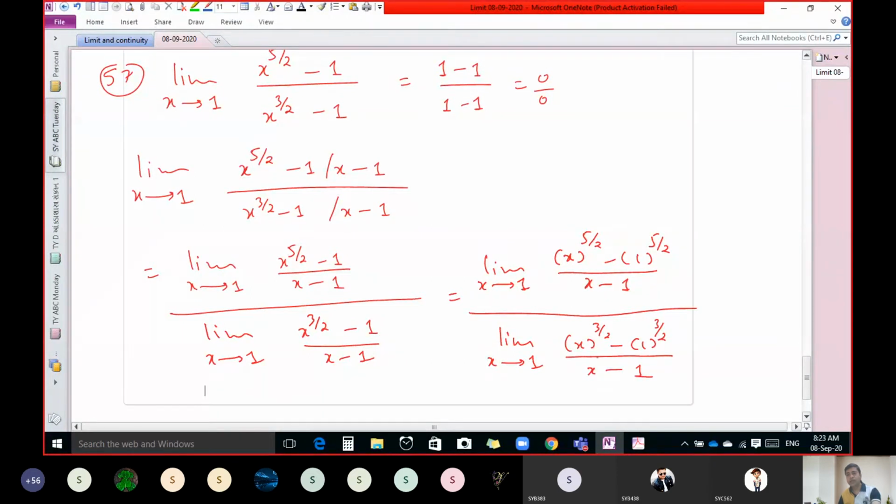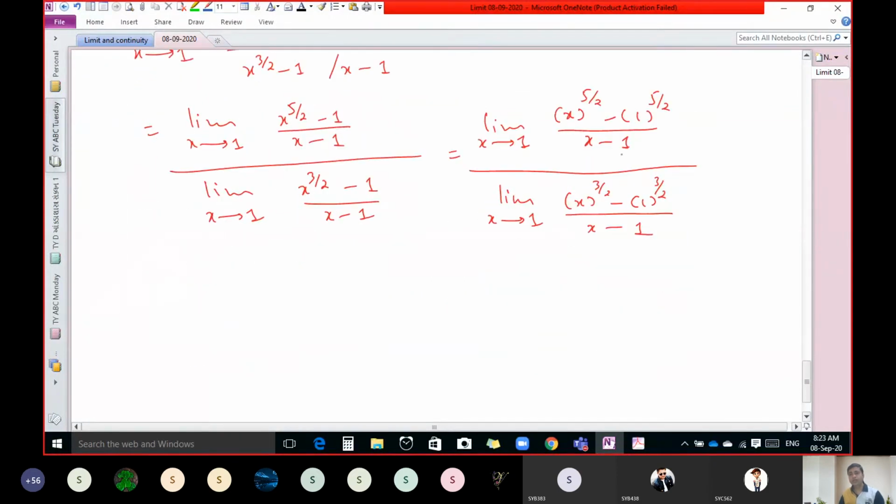So what is the answer of the numerator? Here the power is 5 by 2, so you can write 5 by 2 into 1 raised to 5 by 2 minus 1. In the denominator the power is 3 by 2, so you can write 3 by 2 into 1 raised to 3 by 2 minus 1. But we know that 1 raised to anything is 1.